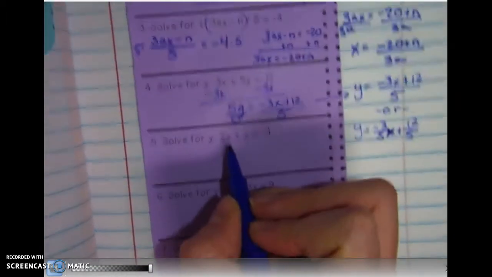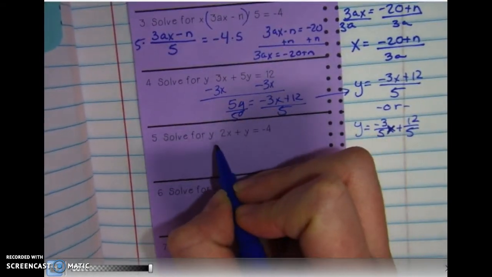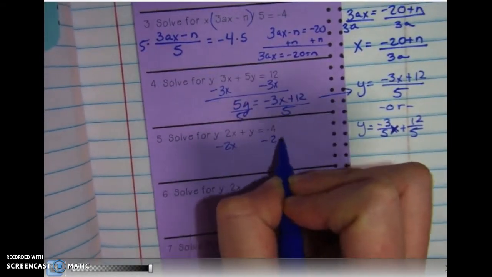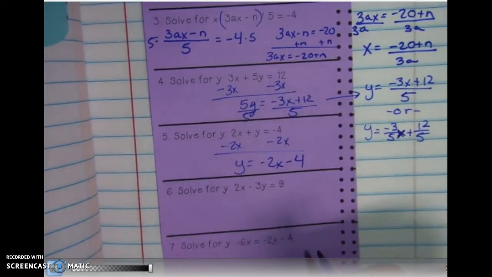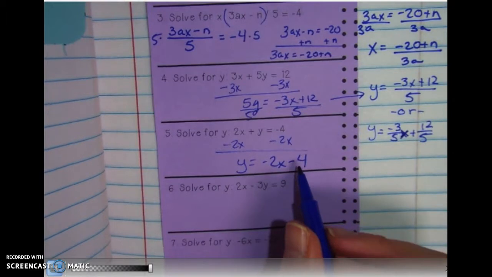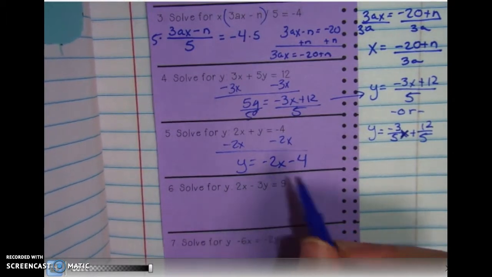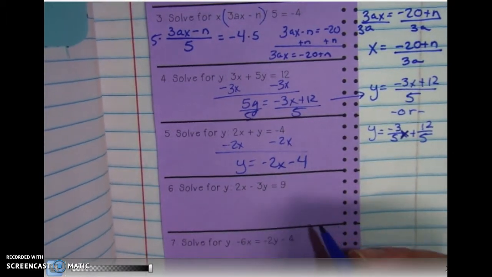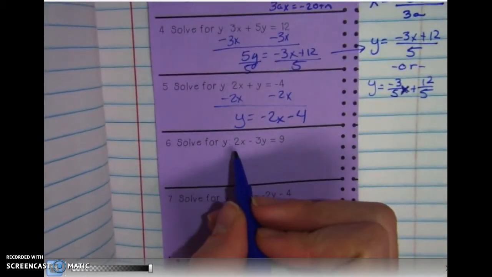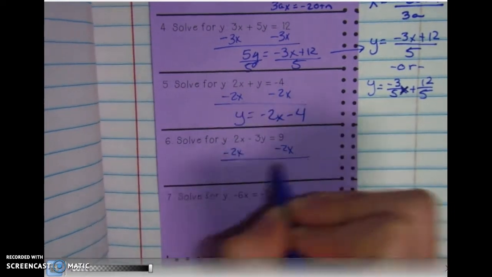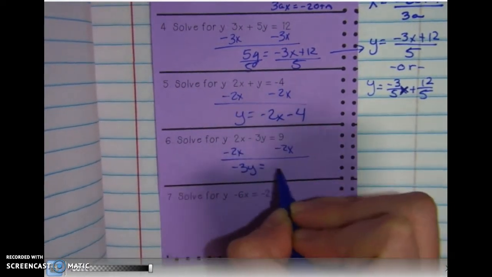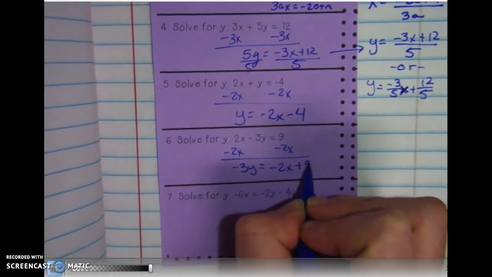Okay, here we are. I'm going to solve for y. This, we just have to do one thing. y equals negative 2x minus 4. I could also write this negative 4 minus 2x. It doesn't really matter. All right. For here, we're going to subtract 2x. Negative 3y equals negative 2x plus 9.